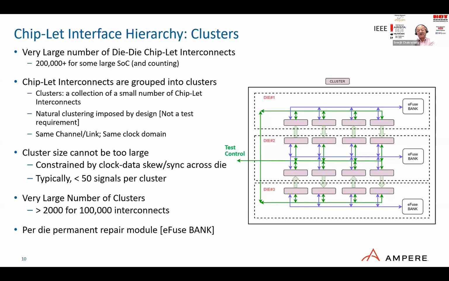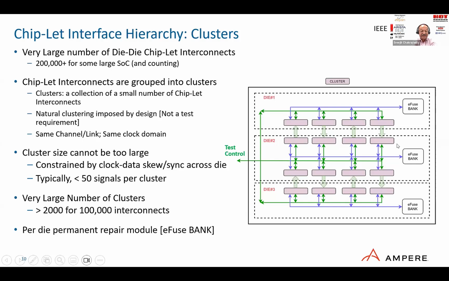So once we have calculated the repair signature, as it is called, and configured the cluster, this has to be recorded in a permanent storage. Typically it is an eFuse bank, and you have one such eFuse bank in each die.